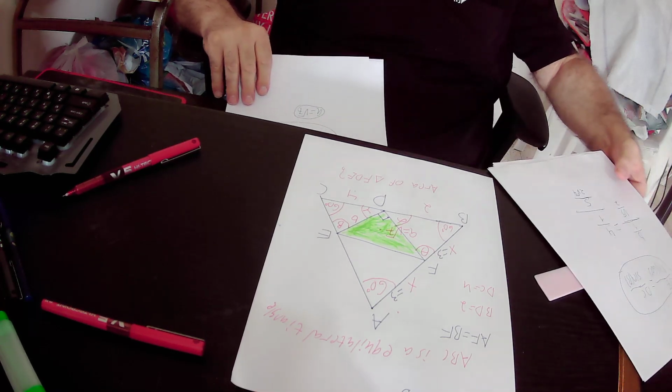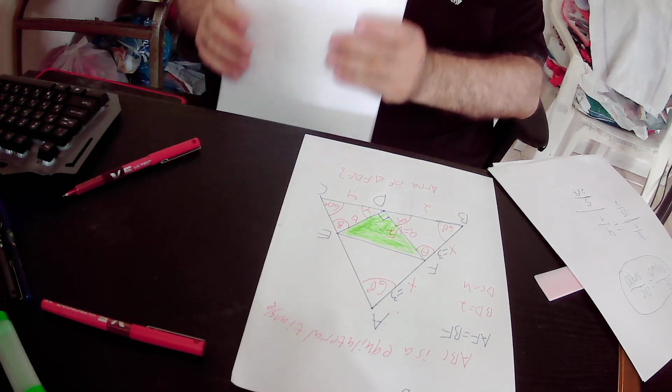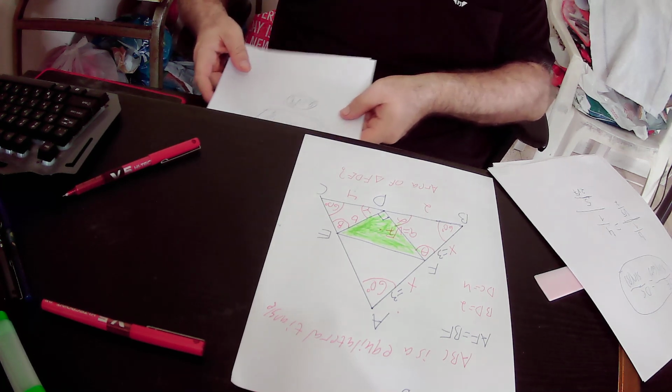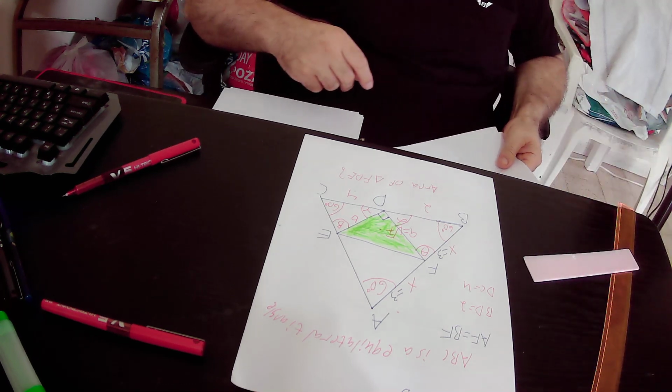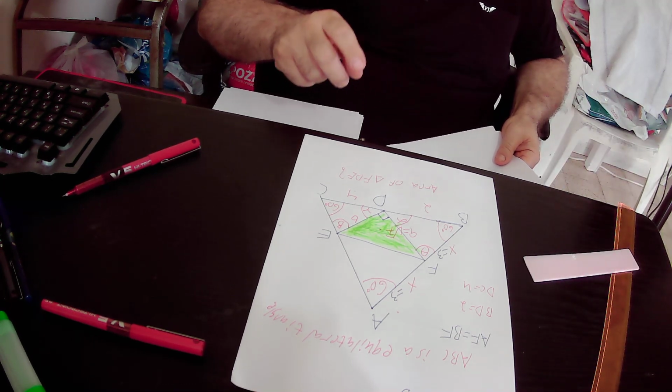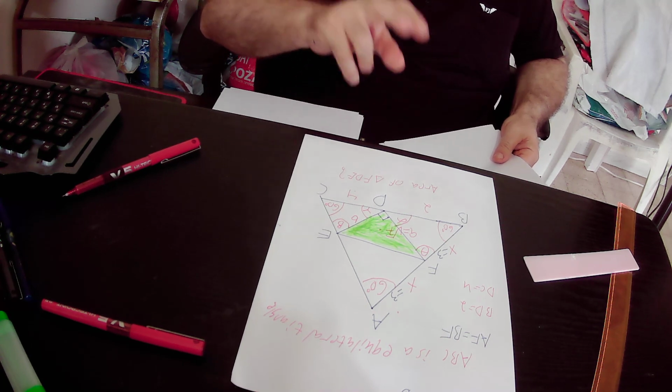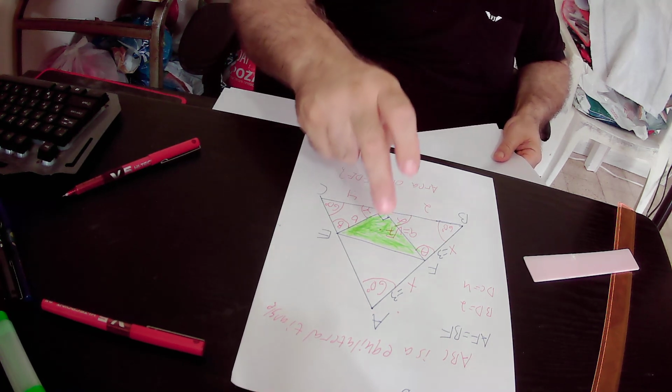So we know that in any equilateral triangle the angles equal 60 degrees.